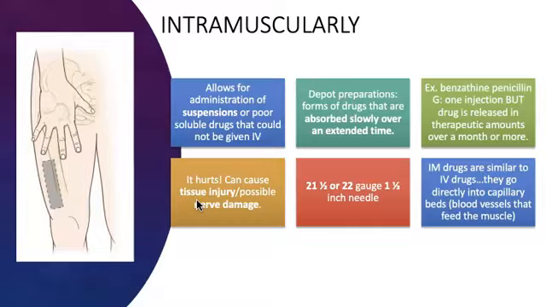There are also some medications called depot preparations. These are medications that can be absorbed slowly over an extended period of time, and typically you think about medications like birth control over the course of time.